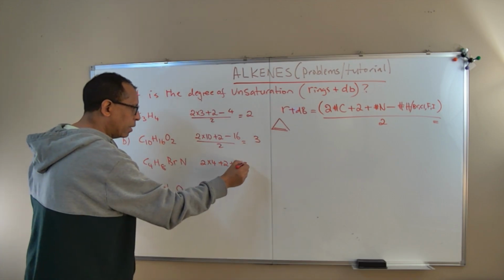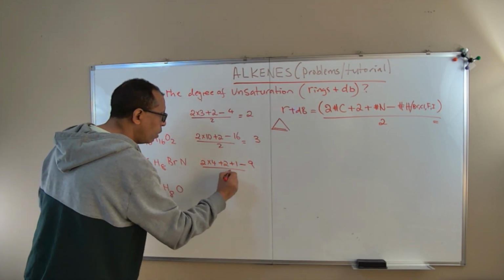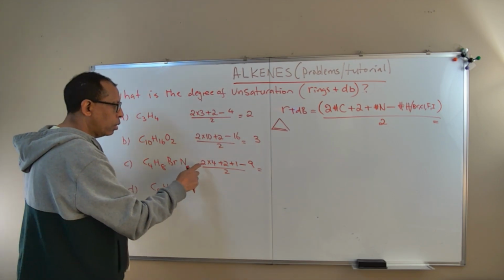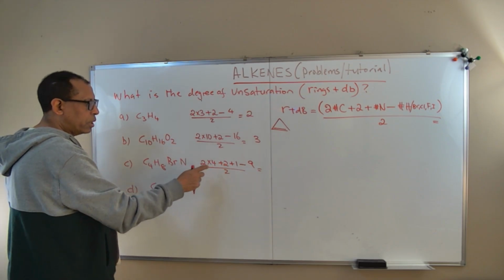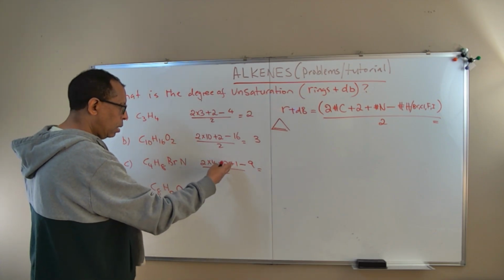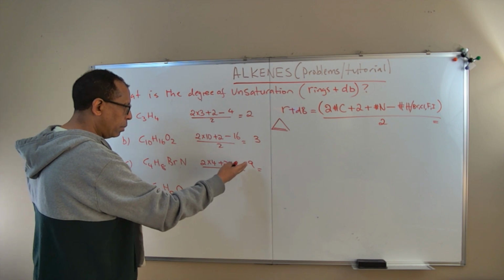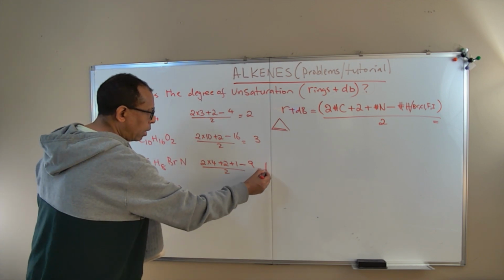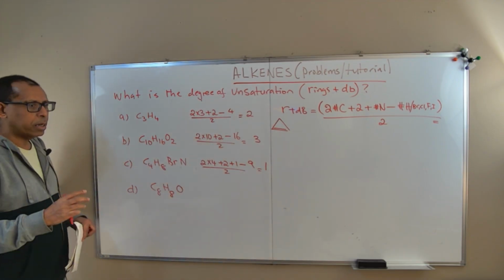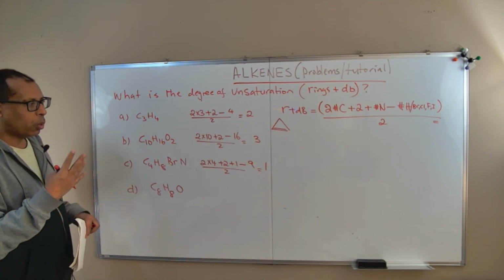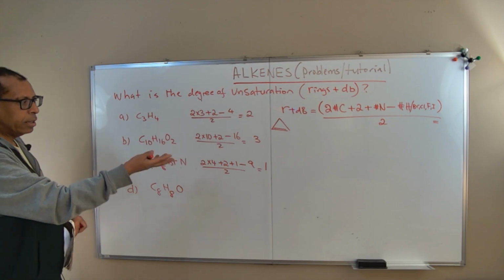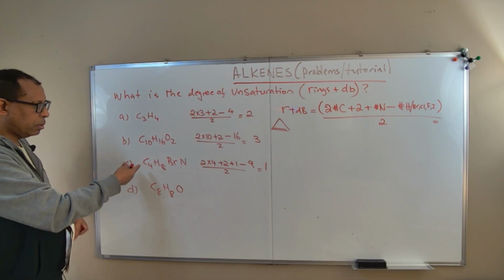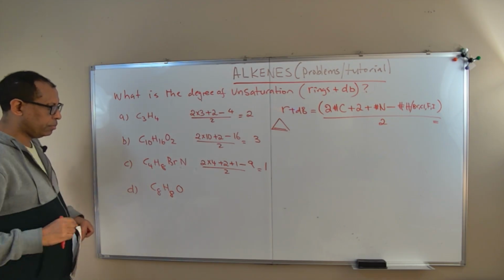So that's minus 9, over 2, which equals 8 plus 2, 10, 10 plus 1, 11, 11 minus 9, 2, 2 over 2, which is only 1. So this molecule has only 1 double bond or 1 ring system. Either you can have one double bond or one ring system for this.